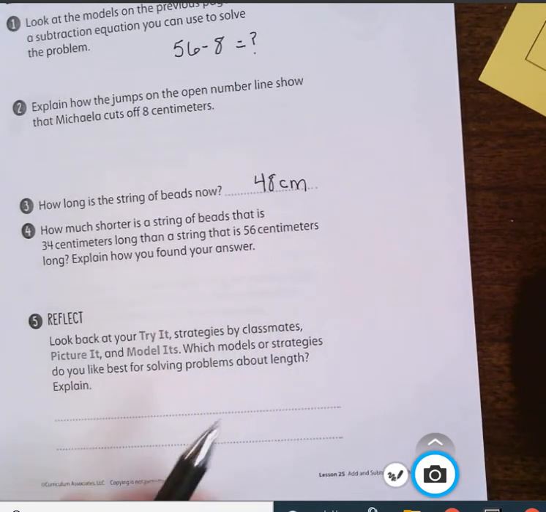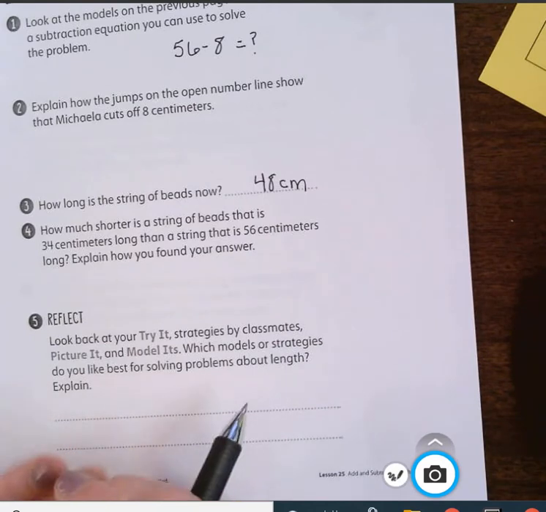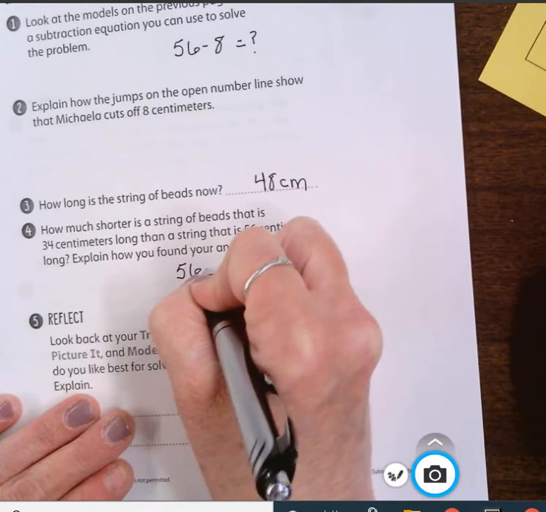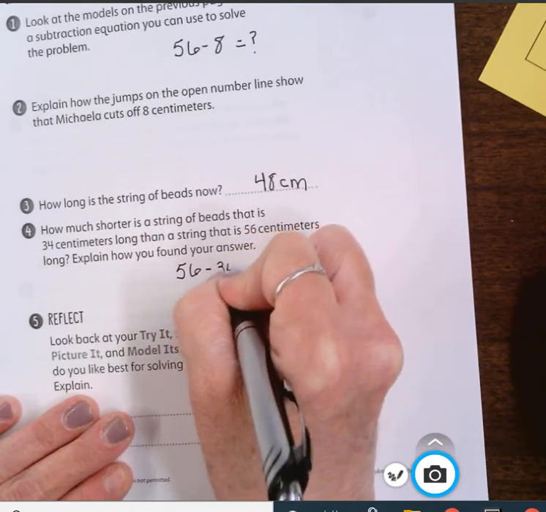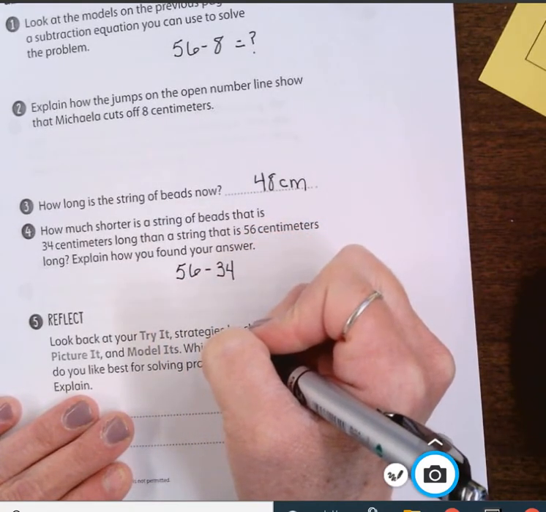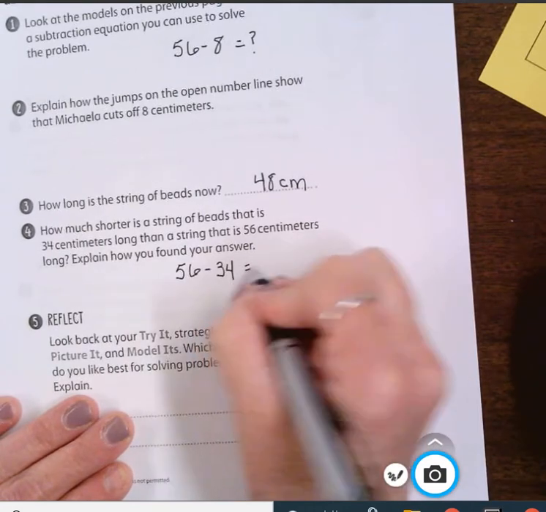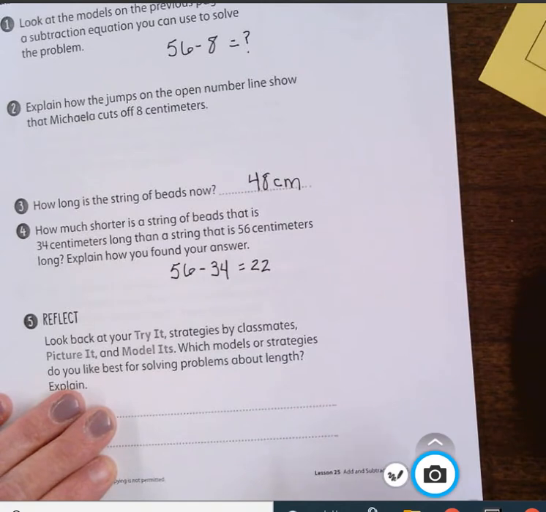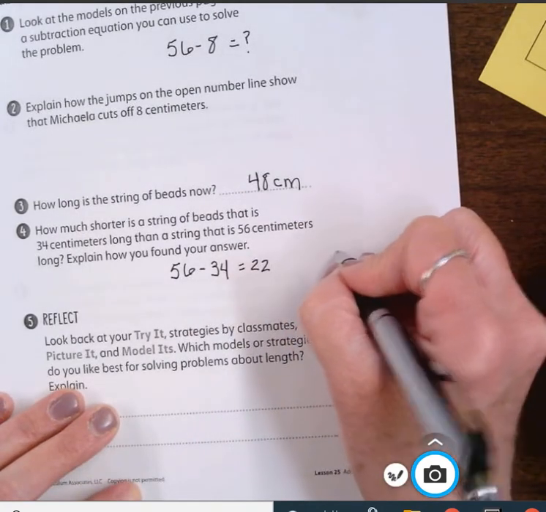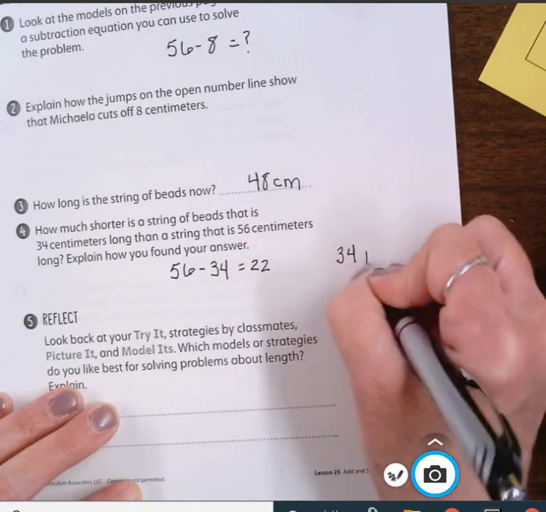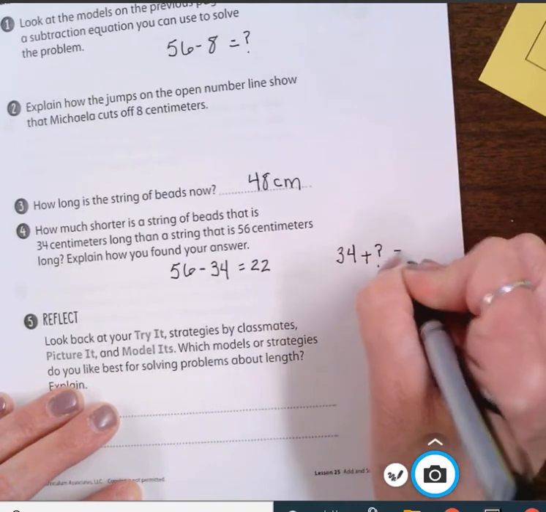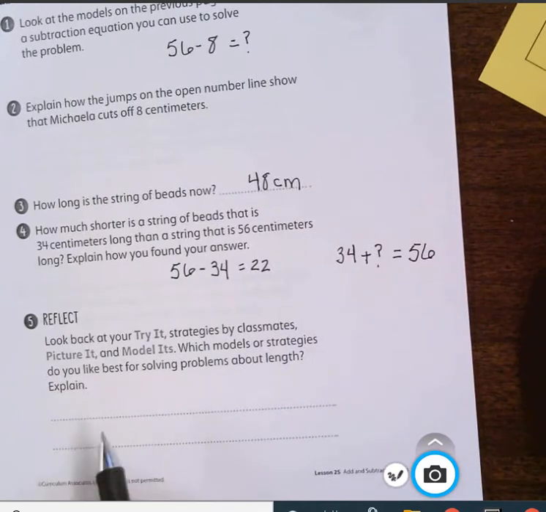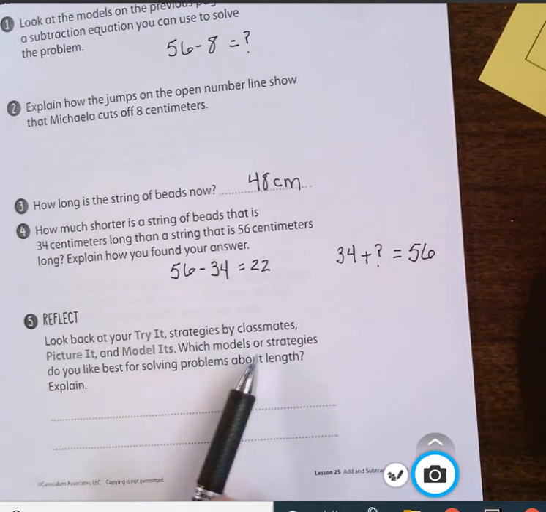You're going to take 56 minus 34 equals 22. Or you can say 34 plus what equals 56.